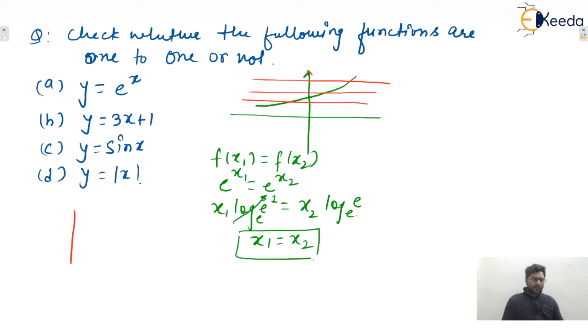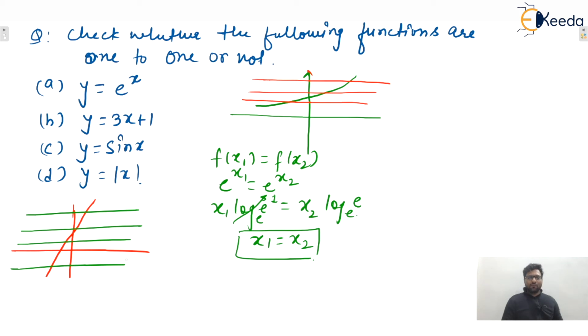The graph for y equals 3x plus 1 will be this only. Now draw the horizontal straight lines. Every line is intersecting the graph at a unique point only. That's why this is also a one to one function, isn't it?